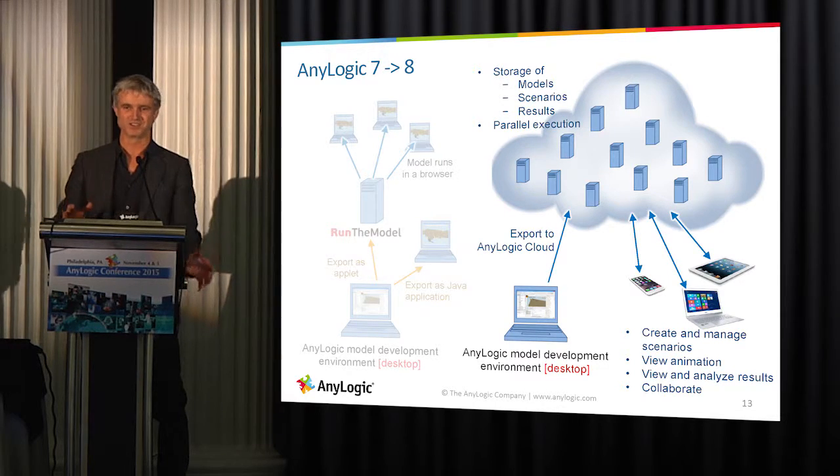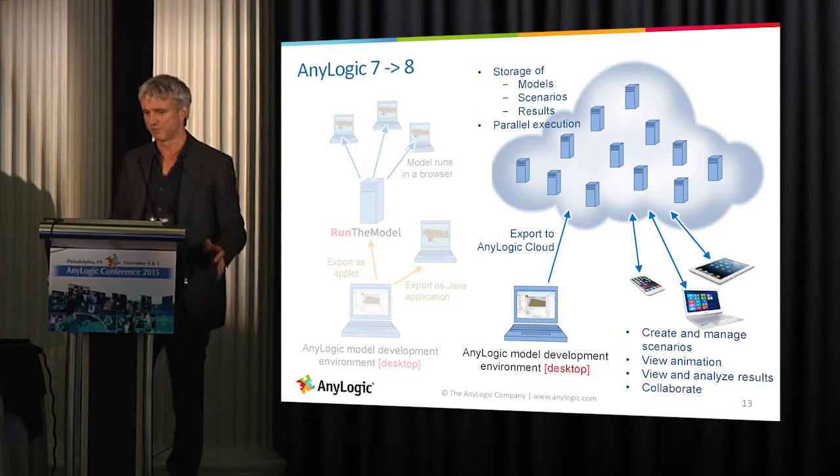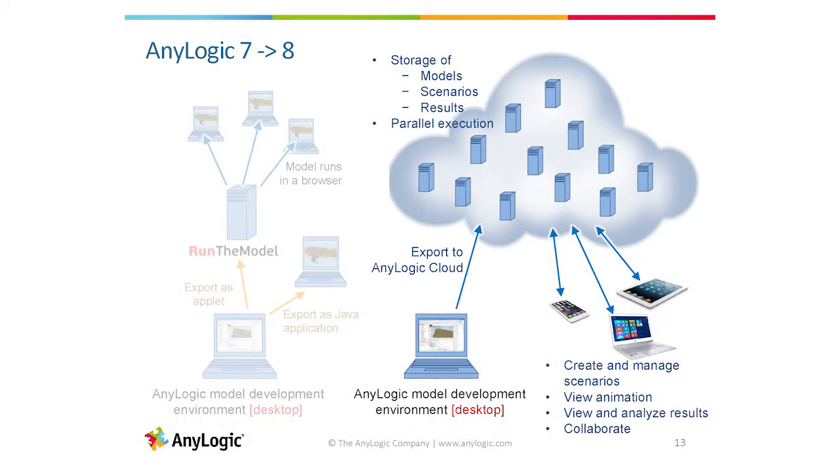The transition from 7 to 8 is the following. In AnyLogic 7, and what you see on this slide on the left is how you currently develop and run your models. You develop them using the AnyLogic model development environment on a desktop. Then you can either run it on the same machine, or you can export it as a standalone Java application and leave it with your colleague or with a client.